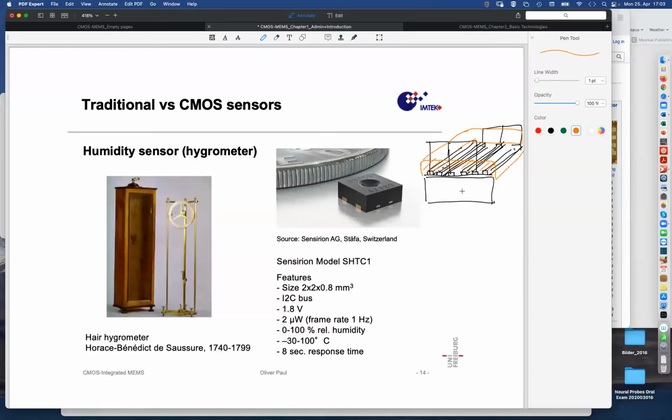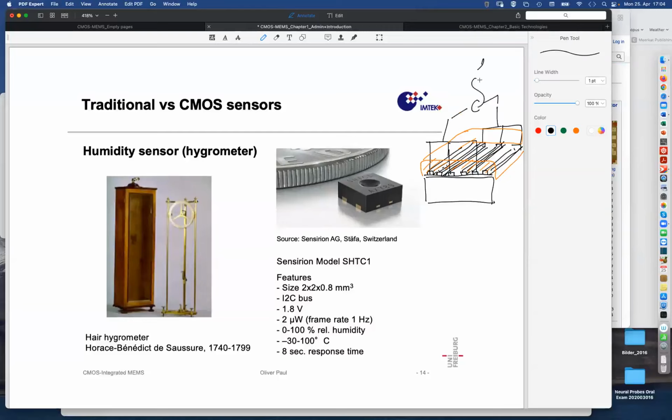which absorbs more water if there is more water around when the humidity is high, and releases water when it's more dry out there, becomes drier itself. Then the capacity between these two electrode systems is changing as a function of humidity.